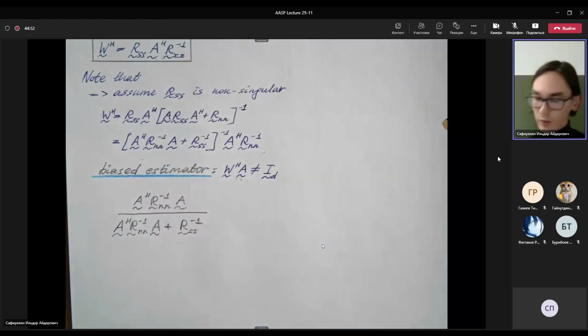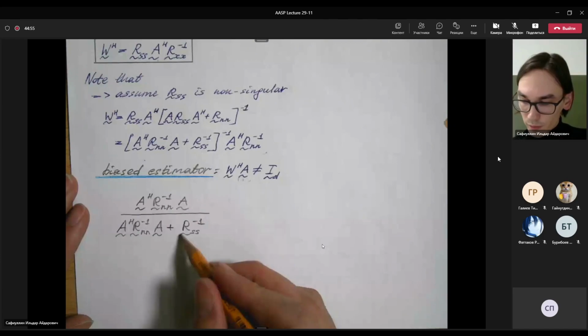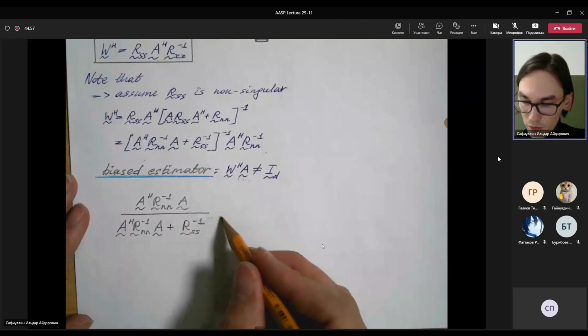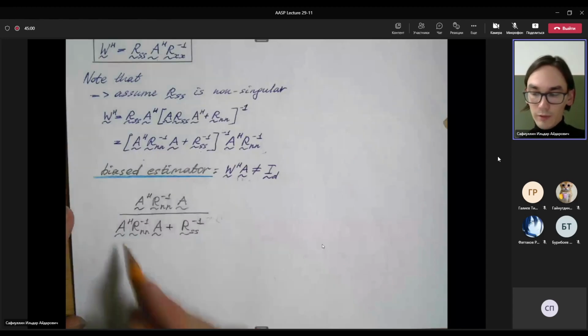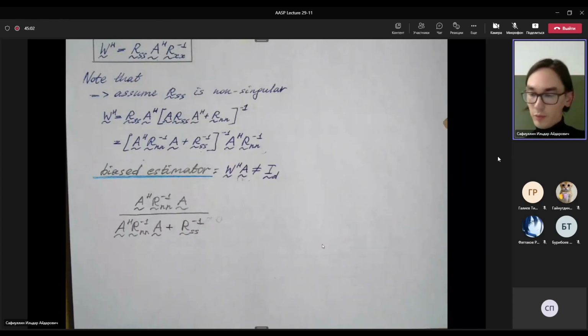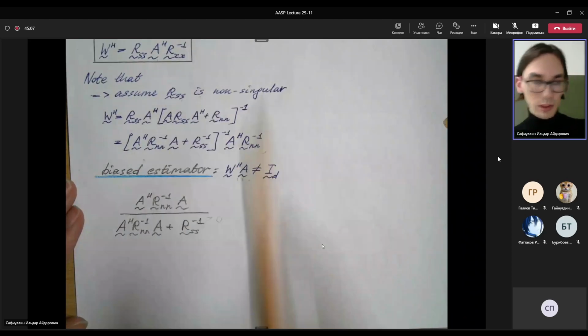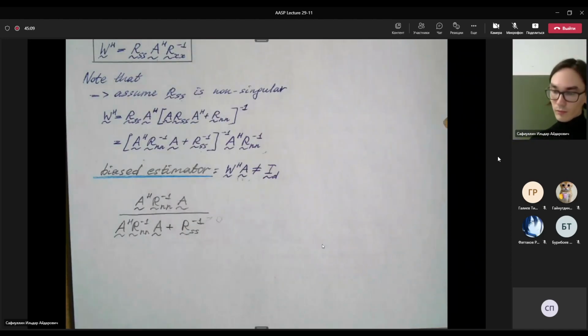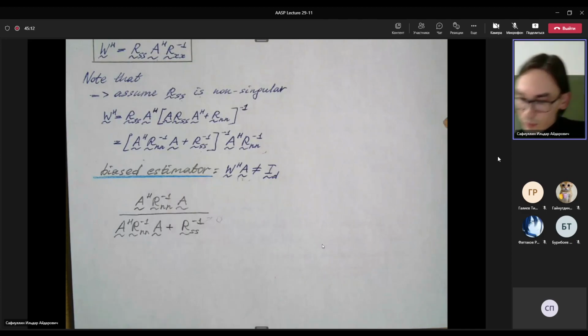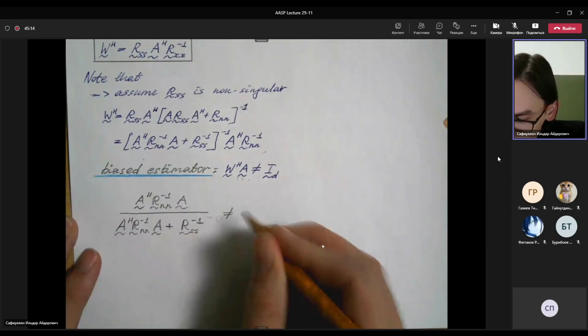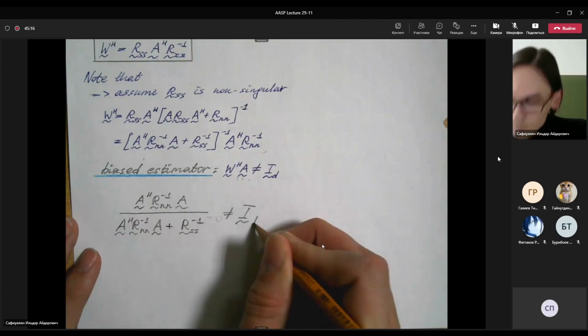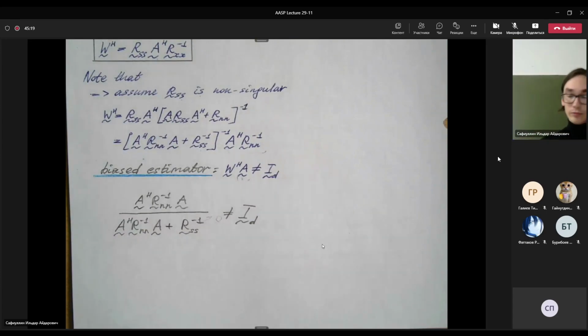So of course we can say that if this part is equal to 0, we will have an unbiased estimator. But we assumed that RSS is non-singular, and in this case all these multiplications are not equal to the identity matrix of size D. So that's all for this part.